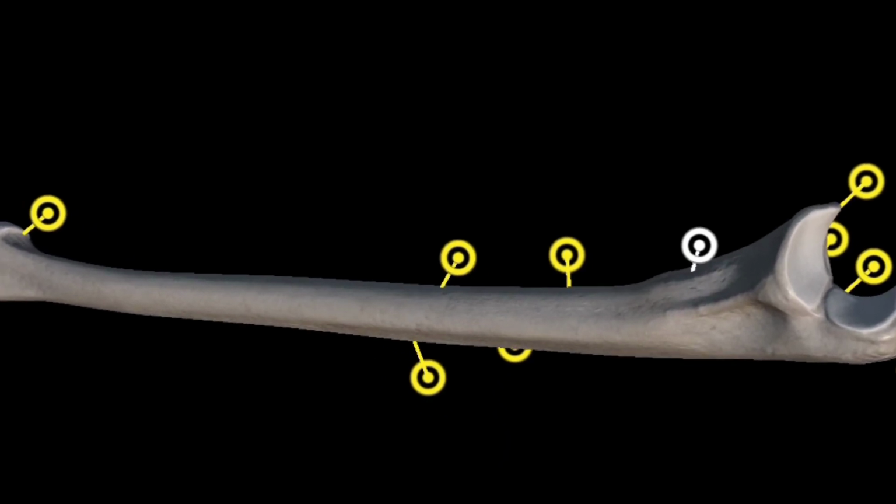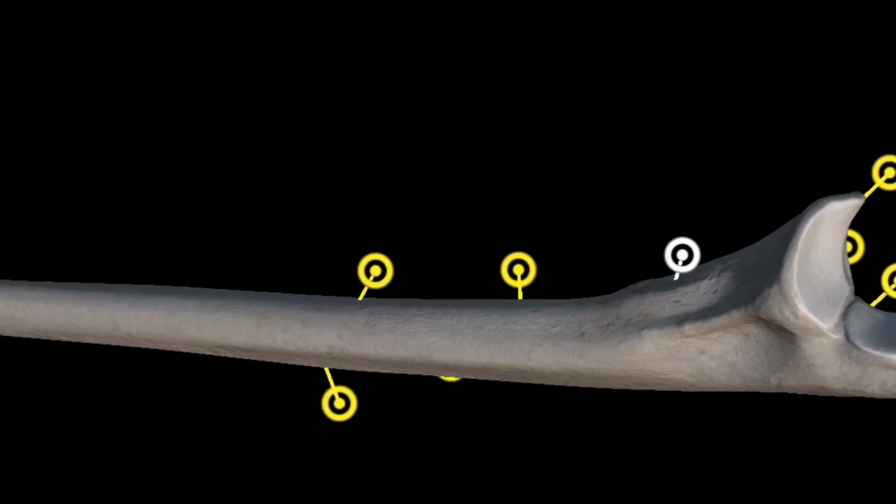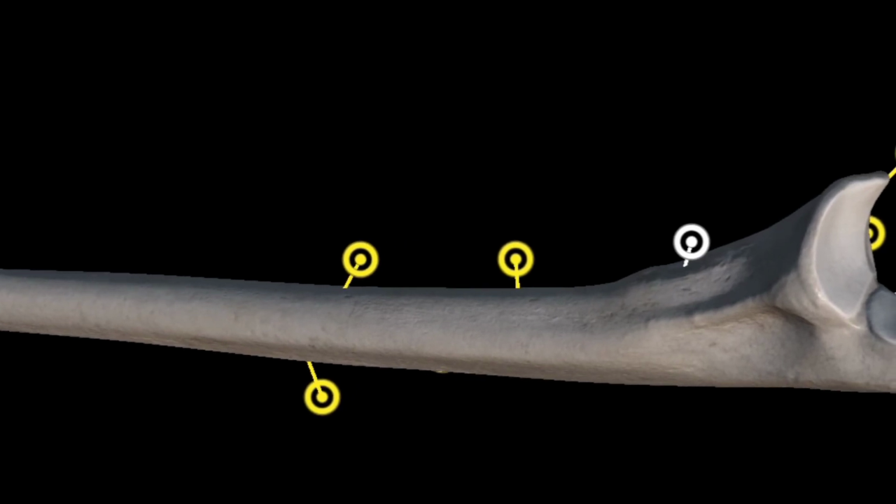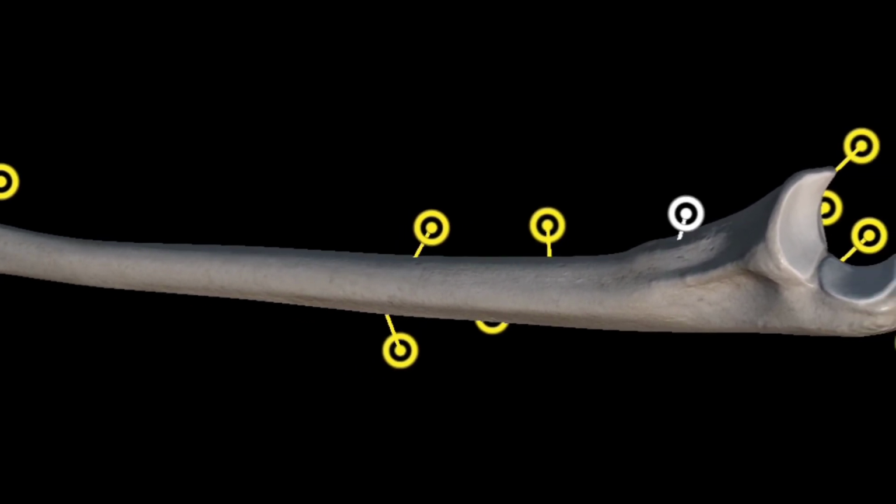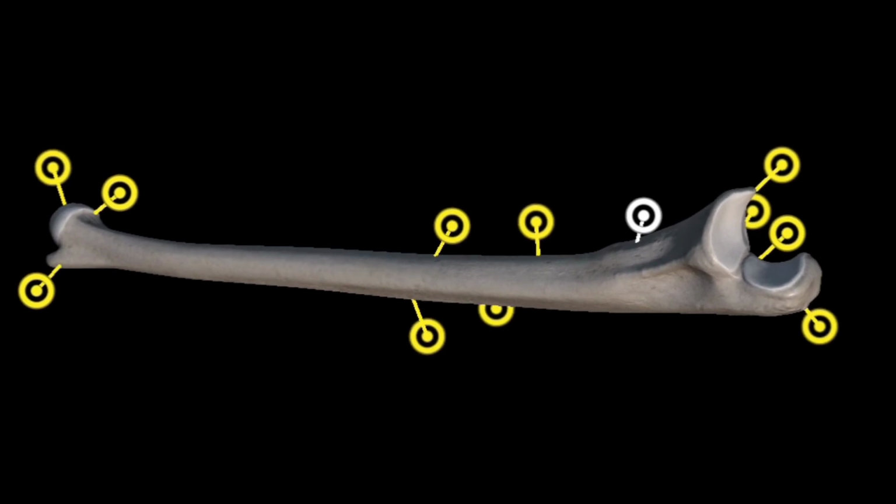This is the shaft, and it has the border anteriorly, but distally we will see here the head of the ulna, and posteriorly is the styloid process of the ulna. This is the medial view of the ulna.